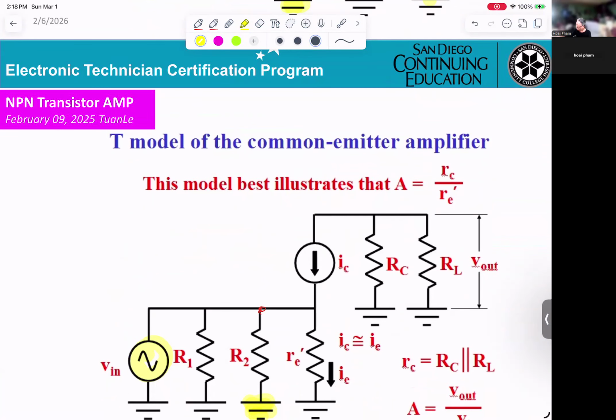And also from the base, remember, this is the base, this is the collector, this is the emitter. Okay?